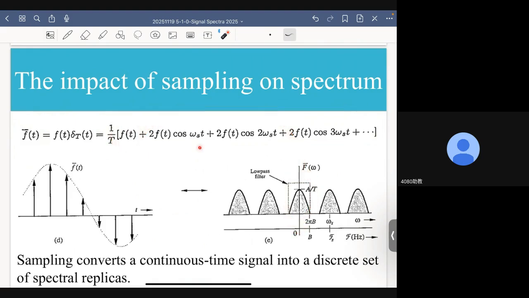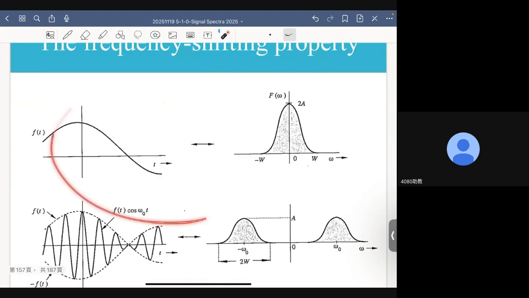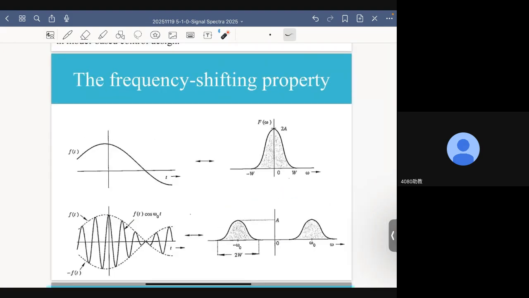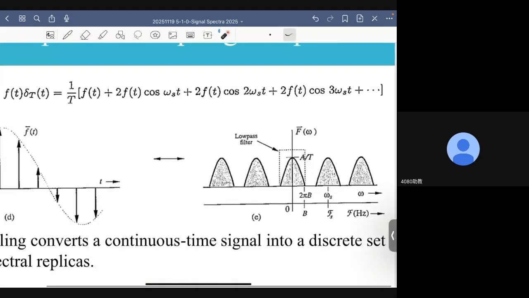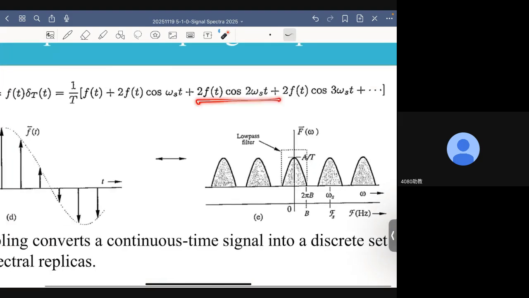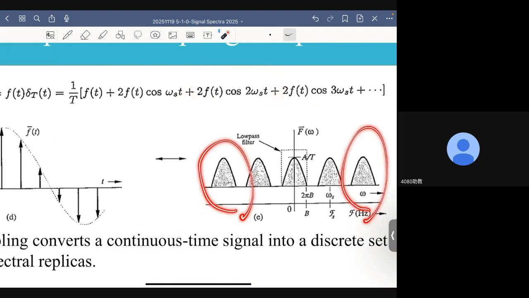If I take the Laplace transform of this, this is what I will get. Why? Because the frequency shifting property tells me this has to be the case. You multiply by a cosine, you shift the spectrum, okay? Now, for this one, if I take the Laplace transform of this term, I will have this and this, okay?